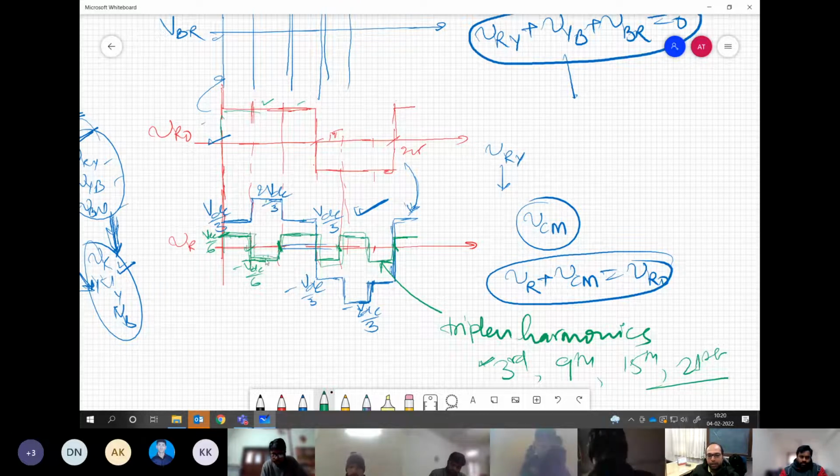If you take the half cycle, half wave symmetry is there. If you take the quarter cycle, quarter wave symmetry is there. So this is going to have only the third frequency or the odd multiples of the third frequency, which is 3, 9, 15, 21. You understand the point?